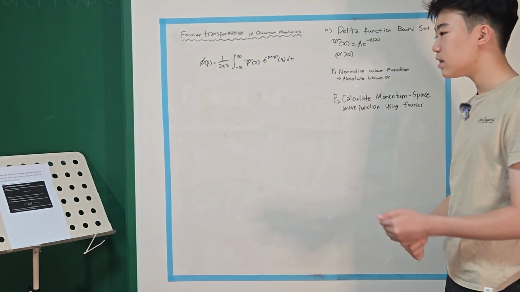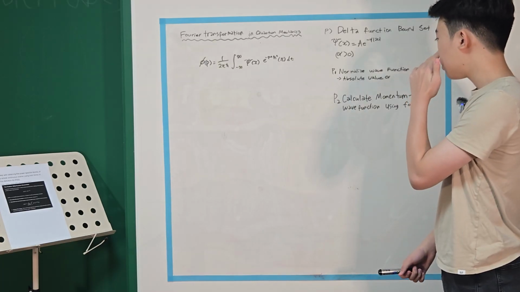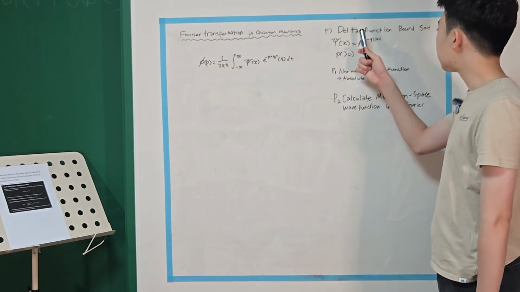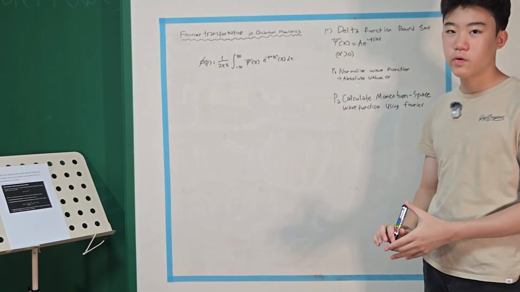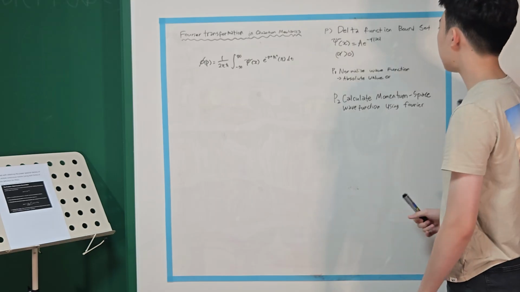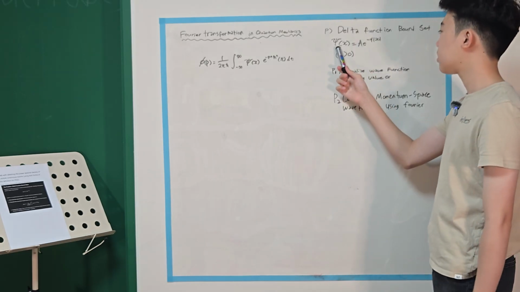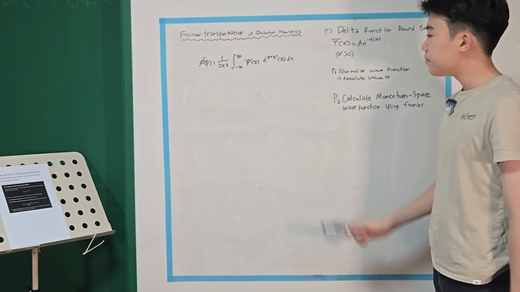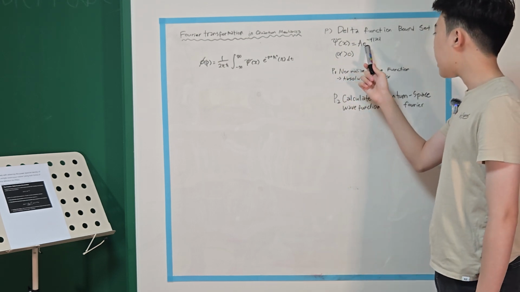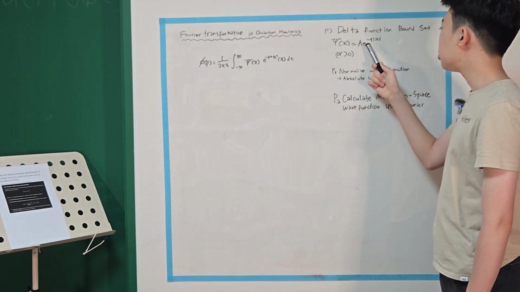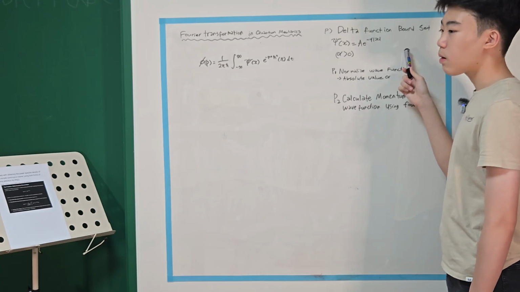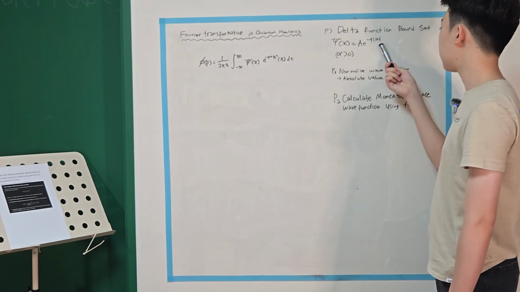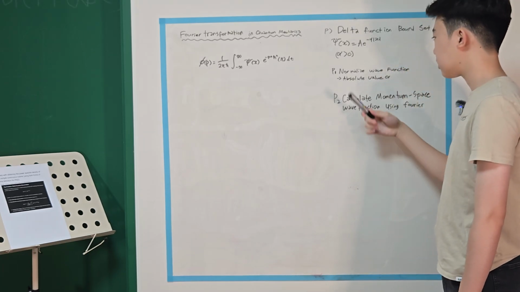Actually, today in this video, I'm going to solve a question, the delta function bound set. This is the problem we're going to solve. Psi x equals to A E, potential energy, to the power of minus alpha and absolute value of x.